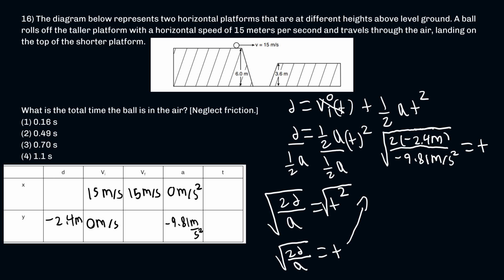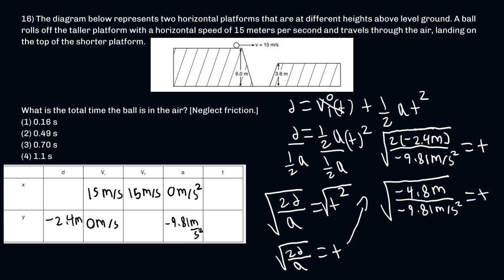Plugging this in, 2 times negative 2.4 gives me negative 4.8. So it's negative 4.8 over negative 9.81 meters per second squared, equals my time.